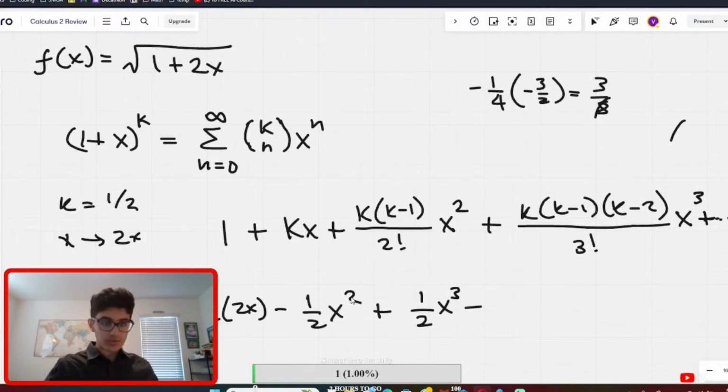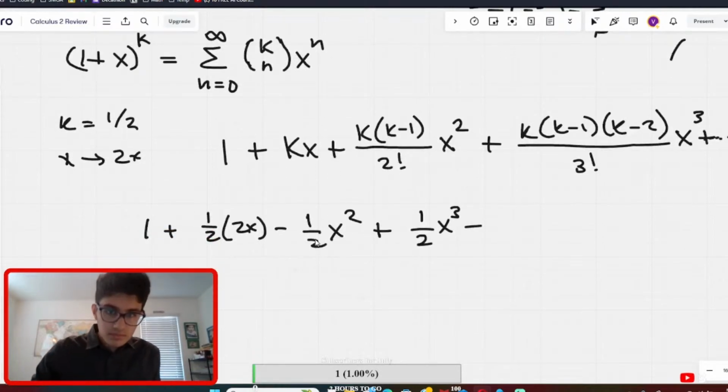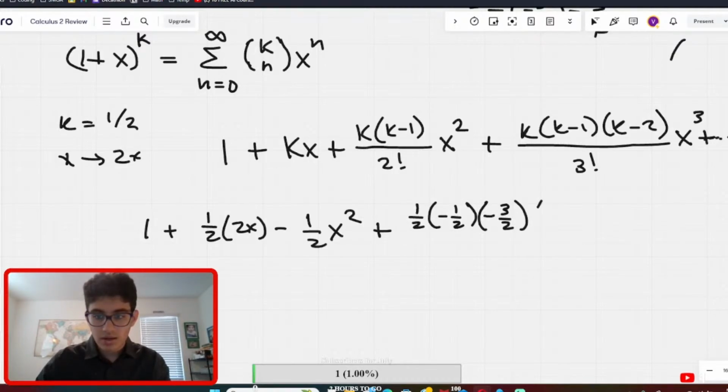But we have to put this into one summation. The way to do that is to write it as what it is. Instead of simplifying it, we're not supposed to simplify it. So this becomes 1/2 times negative 1/2 times negative 3/2 times negative 5/2 and so on.